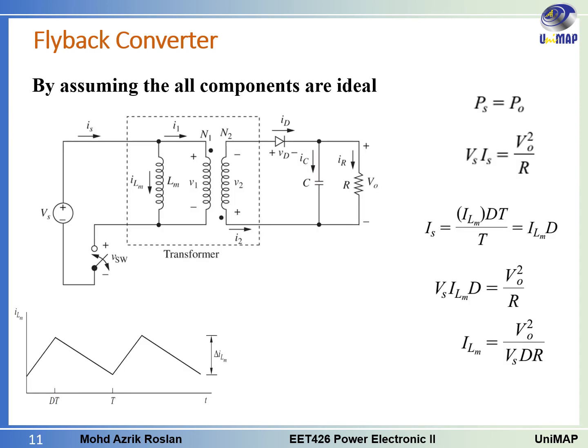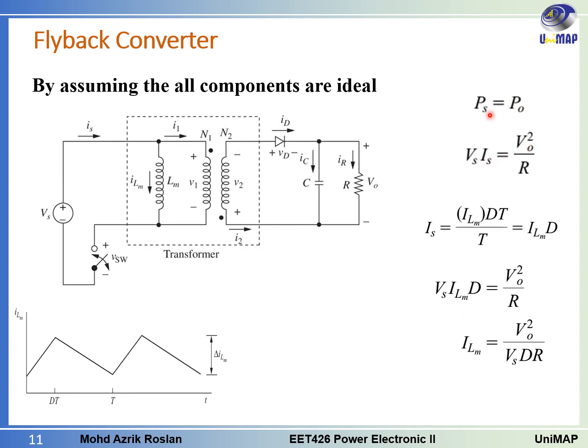Now we want to find more equations in this flyback converter, and for that we need to assume that all the components are ideal. By saying this, we are assuming that the input power is equal to the output power.